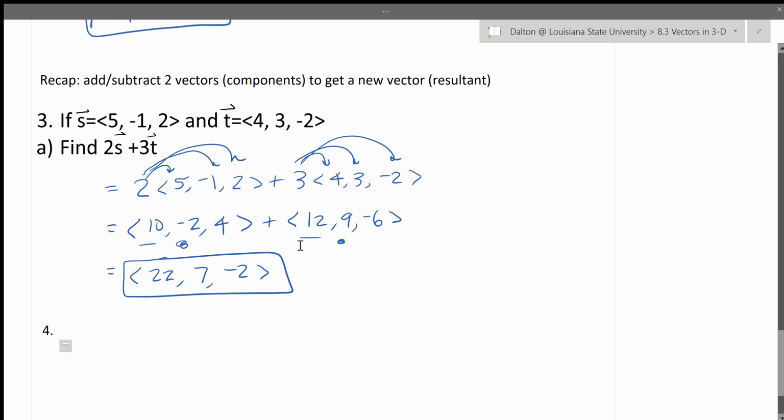If you make a mistake, I don't know where you went wrong, that kind of thing. Okay, one more like this. I want you to find vector S minus 6 times vector T. Oh, my font went back to smaller again.